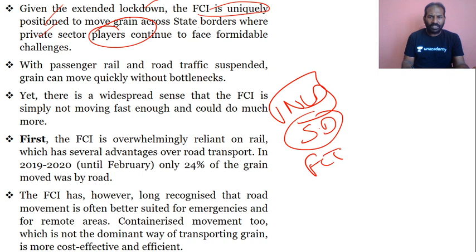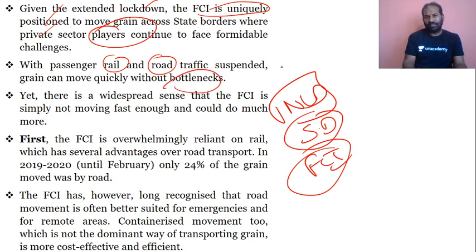Because of this, FCI has more advantage and will go ahead with supplying food grains to the states through the PDS system to the vulnerable sections. And with passenger rail and road traffic suspended, grain can move quickly without bottlenecks. That is very positive for the FCI in supplying food grains to the various states.